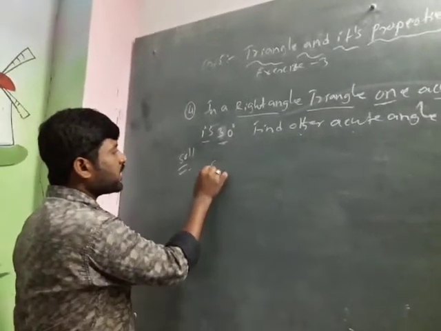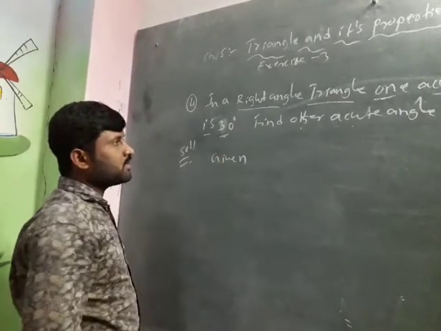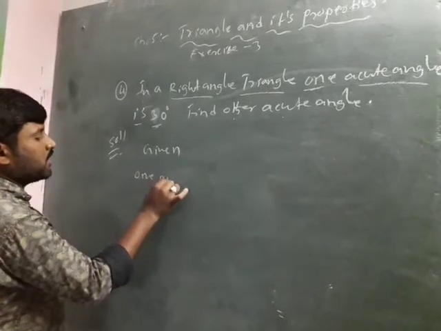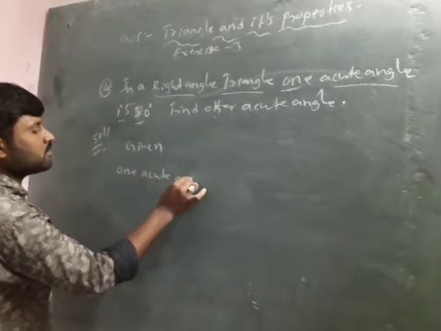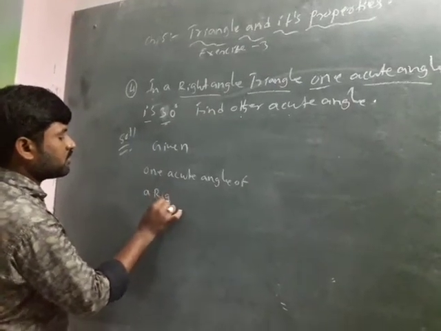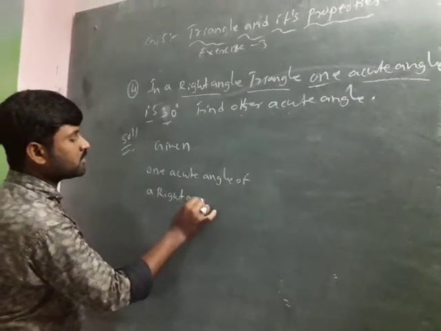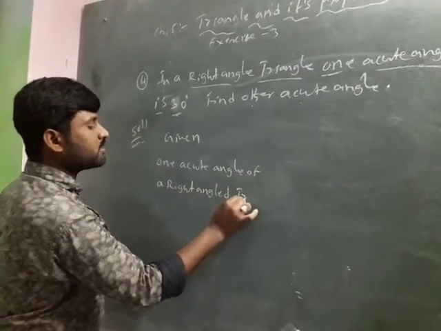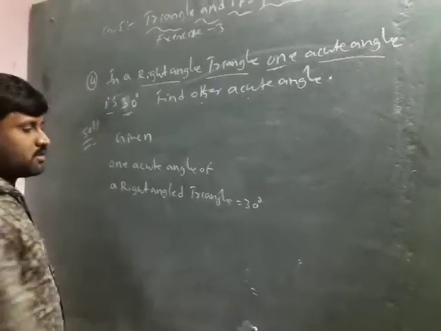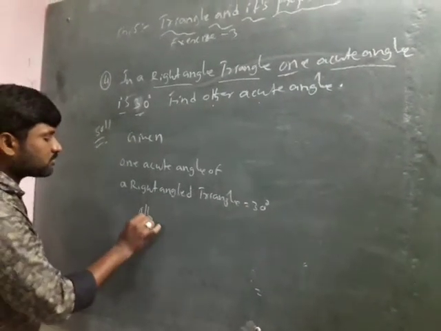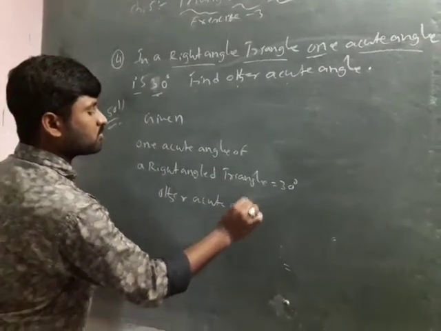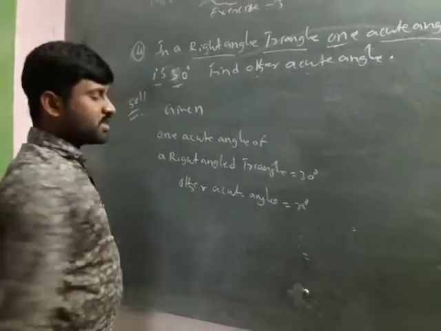Writing the given data: one acute angle of a right angled triangle is equal to 30 degrees. The other acute angle I am taking as x degrees.